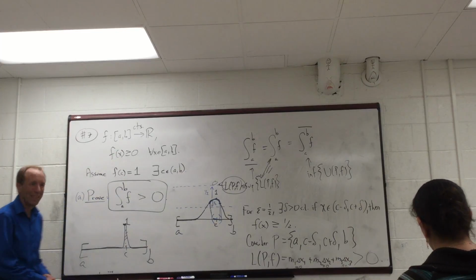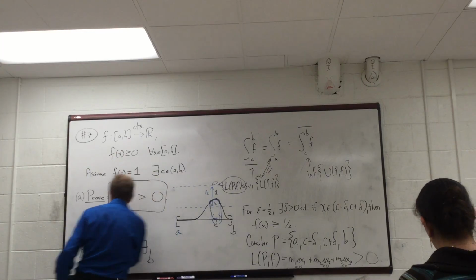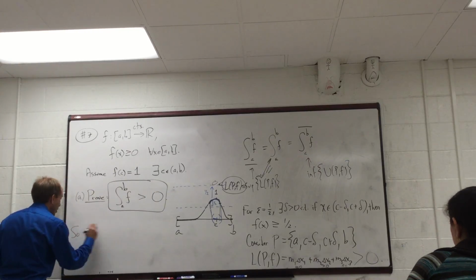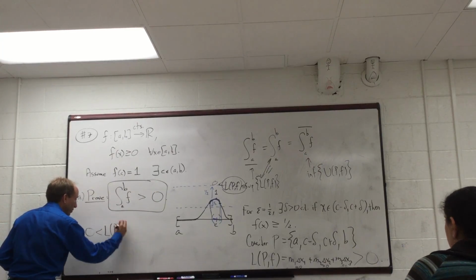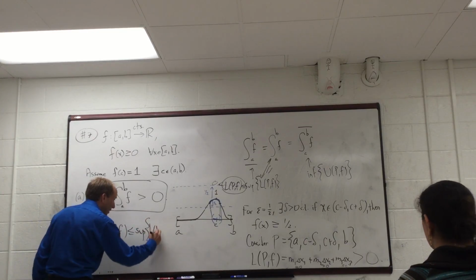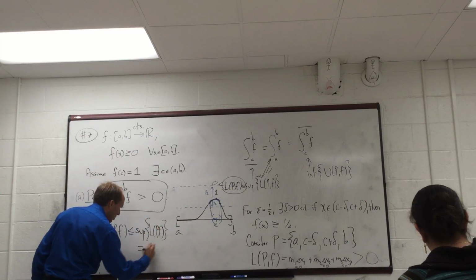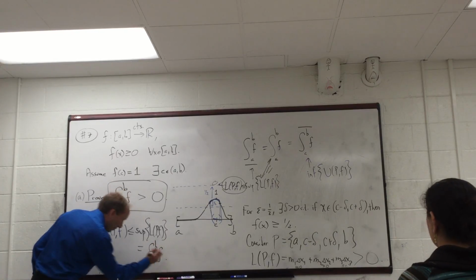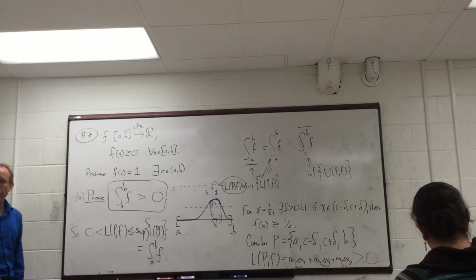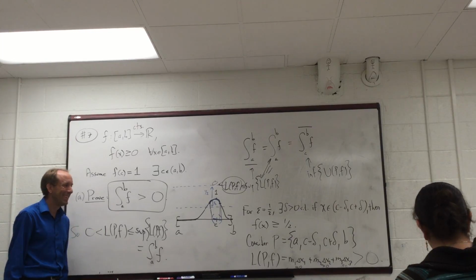Isn't that cool? So you've actually shown that 0 is less than L(P,f), which is less than or equal to the supremum of all of the L(P,f)'s, which is the integral of the function. So there you go. It's strictly positive.